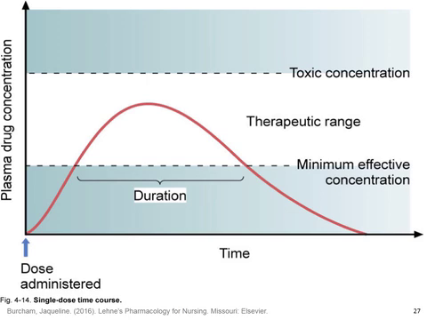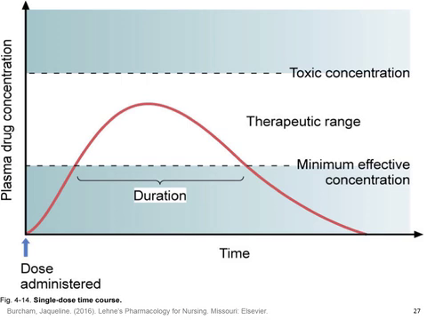And then all the way up at the top, the toxic concentration is the lowest dose that produces toxicity. Your sweet spot is in the middle, the therapeutic range. That's where you see effects, but you don't see very toxic side effects. So these are all important ideas.